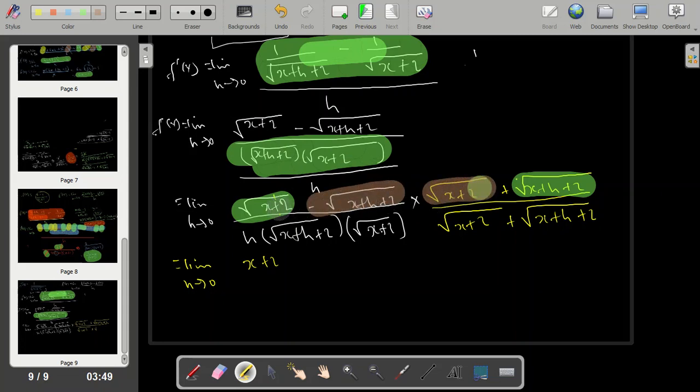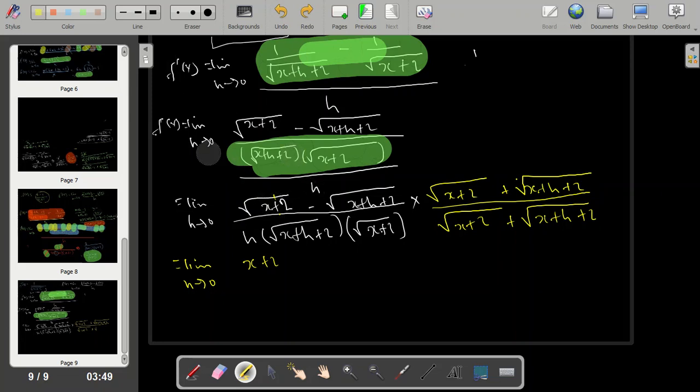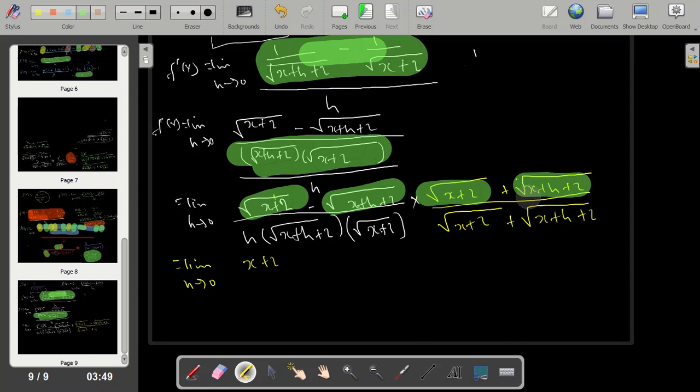So the green ones plus the brown ones will just give you a 0. So just multiply the likes, this one and that one. Then after you're done, multiply this and that.